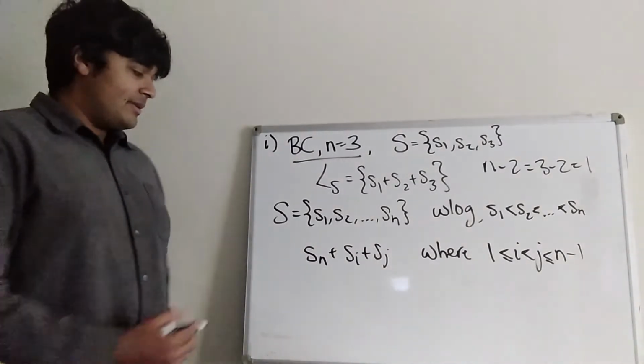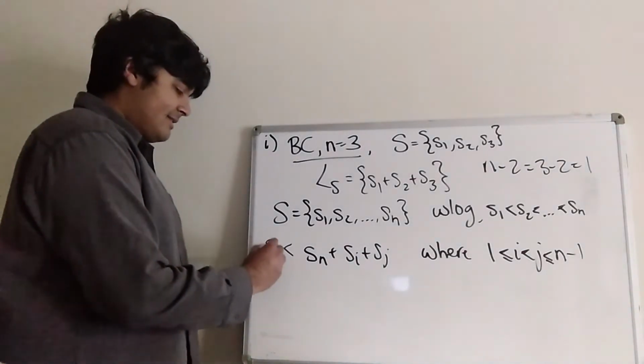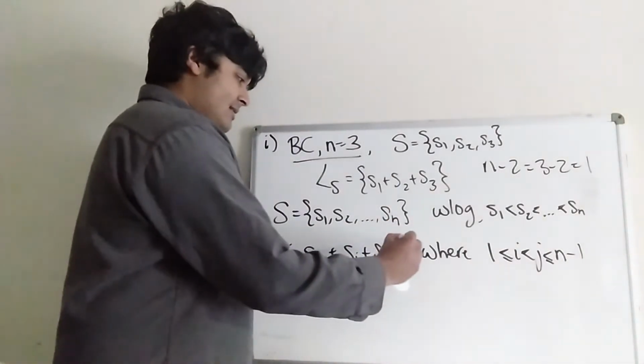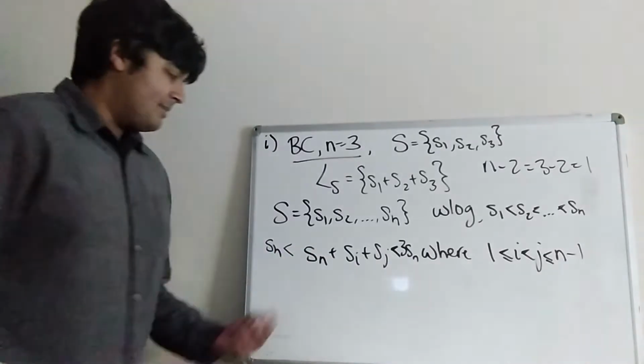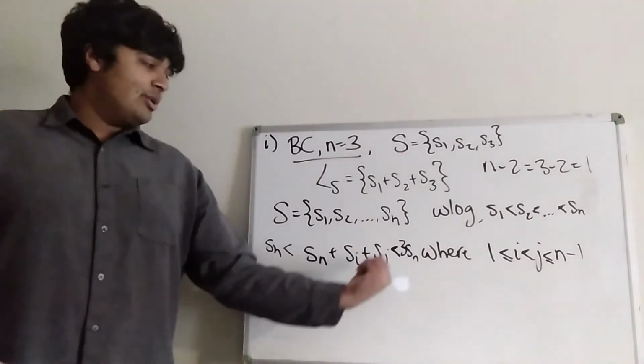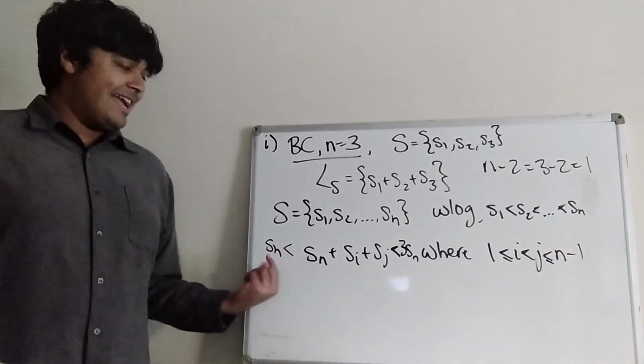This guy here, well, what do we know? It's going to be strictly bigger than Sn, but it's also going to be strictly less than 3 times Sn, because this is Sn, this is less than Sn, this is less than Sn as well. So all in all, this is less than 3Sn, but it's clearly bigger than Sn.